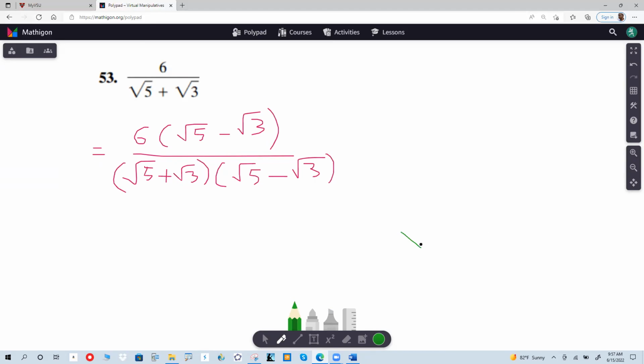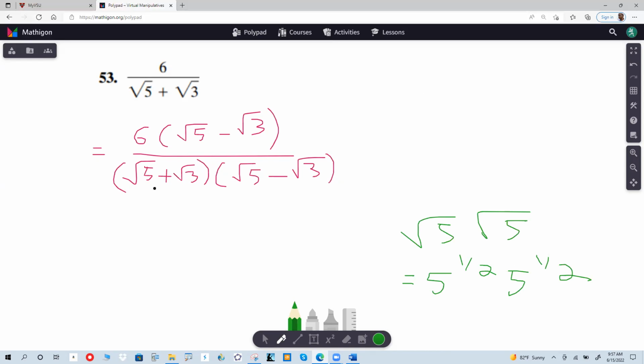Remember, this is really 5 to the half, and this is also 5 to the half. The base is 5. When you add half to half, you get 1. The answer is 5.